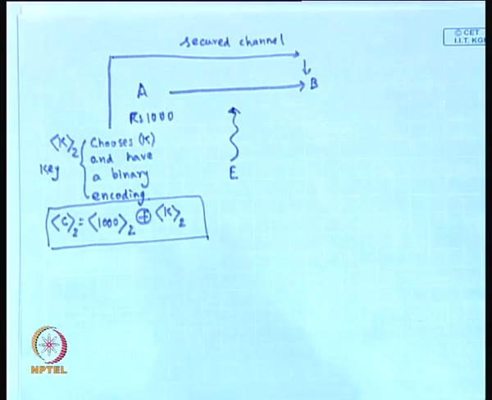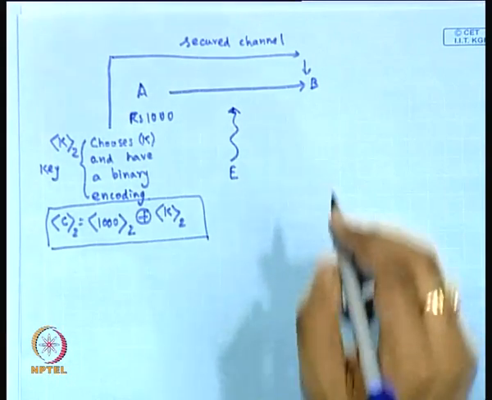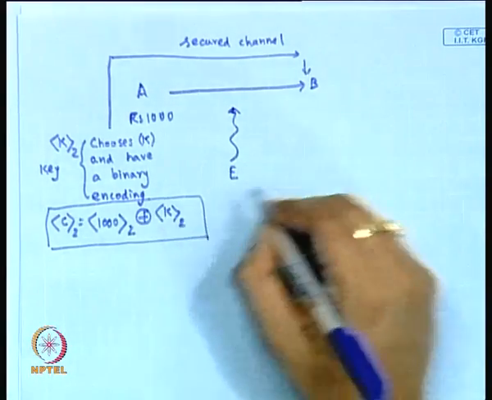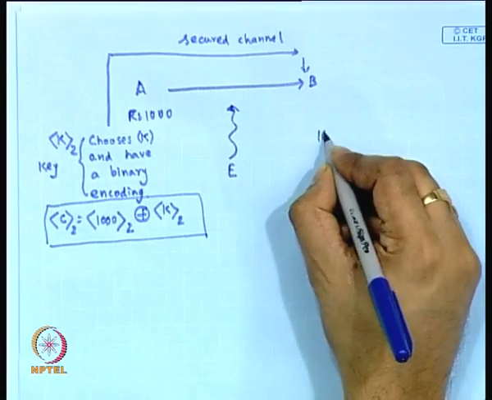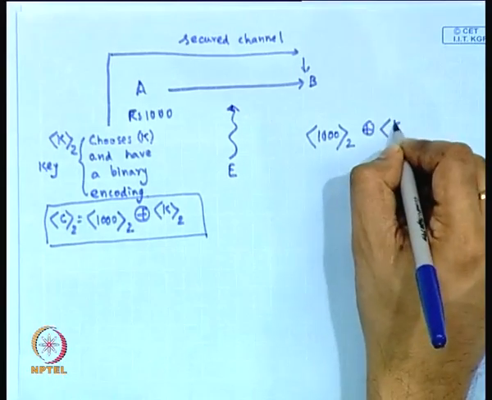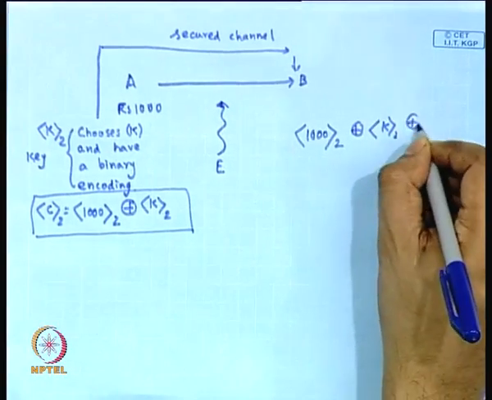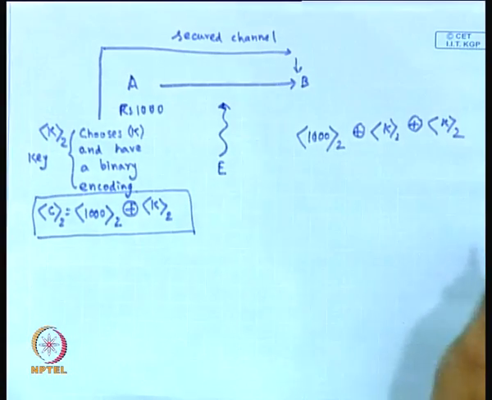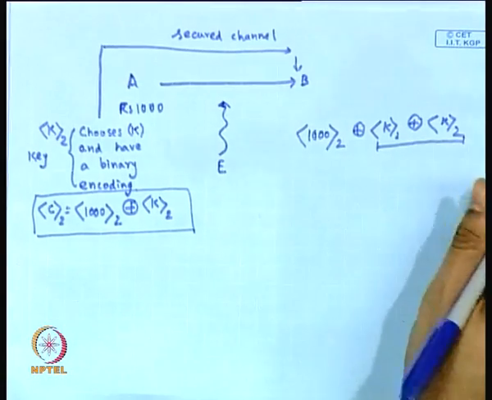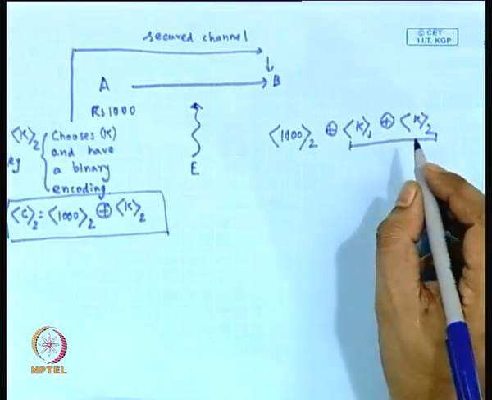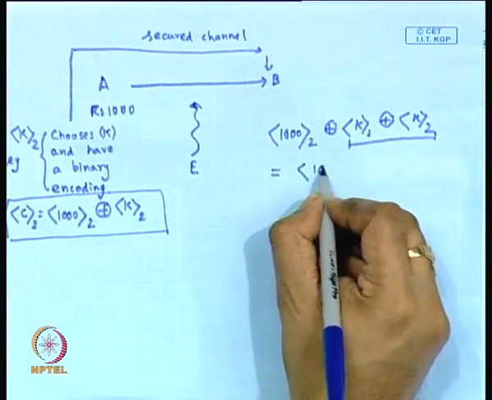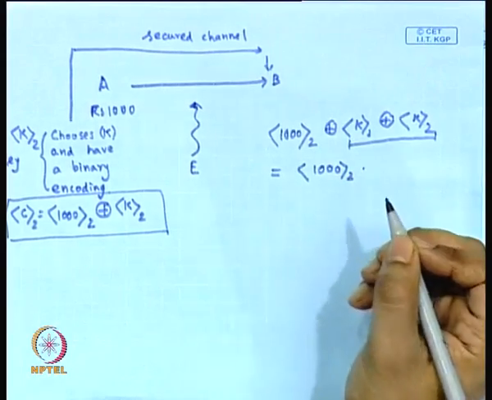Since Bob knows the value of the key, when Bob receives this packet he can take the 1000 binary-encoded with the key and XOR that with the binary encoding of the key. Since an XOR of two identical numbers gives 0, what Bob obtains back is the binary encoding of 1000, and therefore he knows the amount of the transaction.